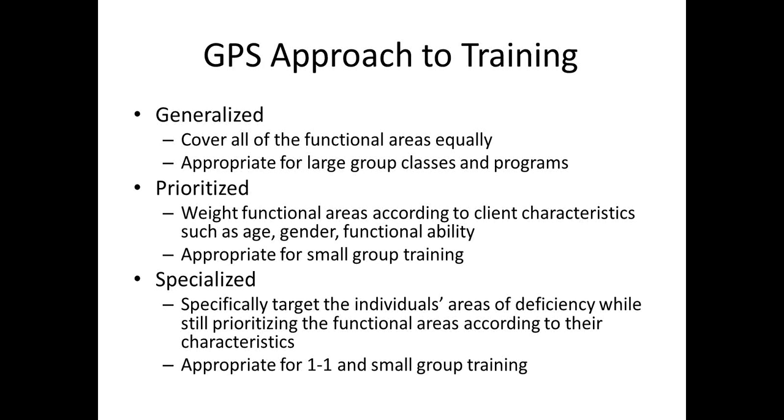There also might be a higher focus on basic balance skills, and even static balance versus dynamic balance. So just by knowing the characteristics of the group you're working with, you can at least prioritize the functional areas so that you are getting at their needs a little more specifically, even without knowing their individualized needs.